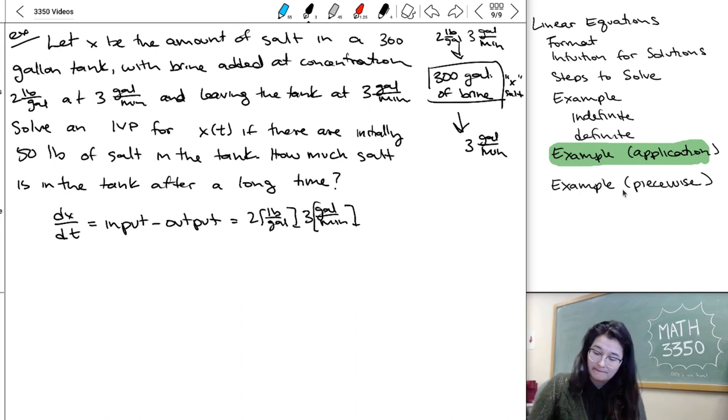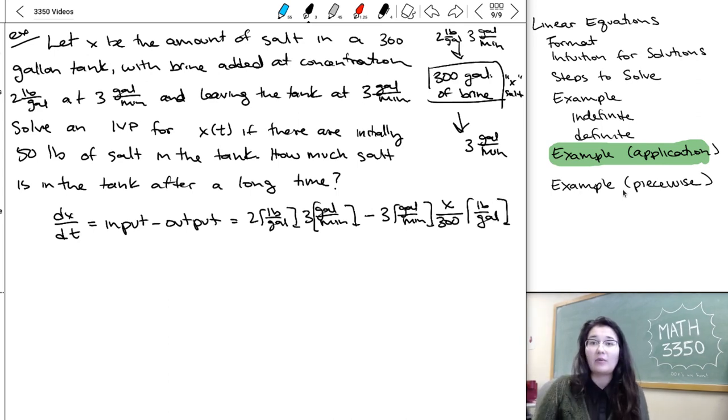And then what's leaving is going to be 3 gallons of brine per minute, but the concentration of brine is going to be X pounds of salt within 300 gallons of brine. And that's going to help us balance all the units in our equation so that everything matches.